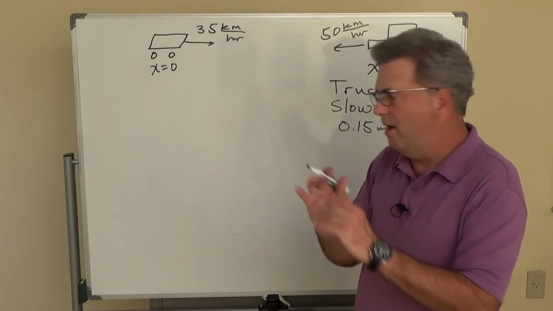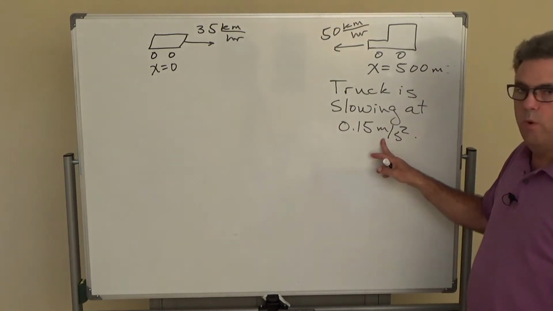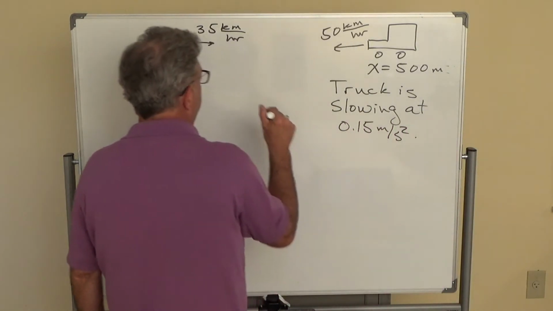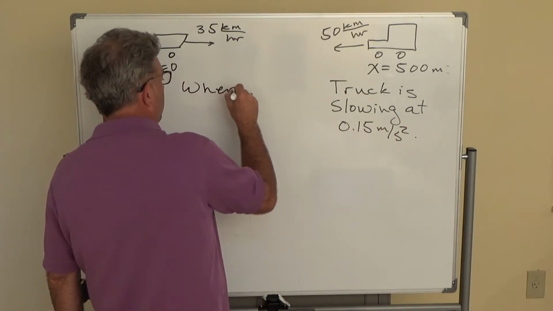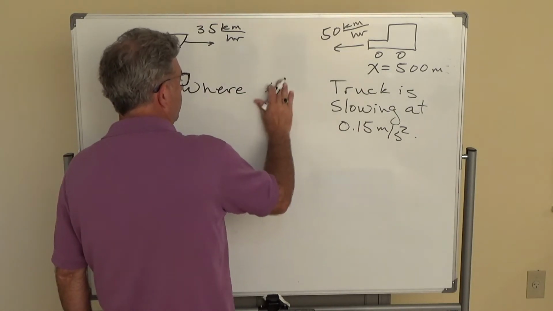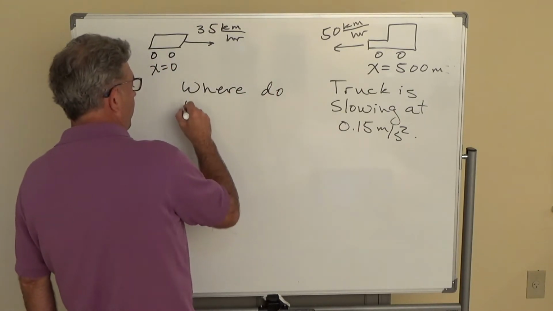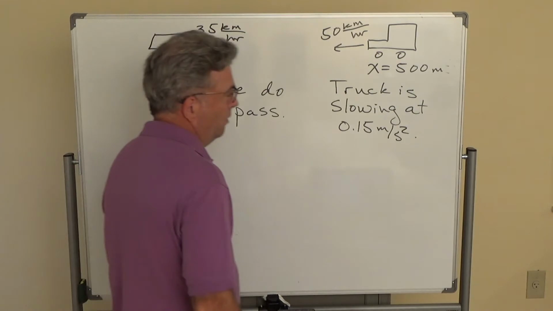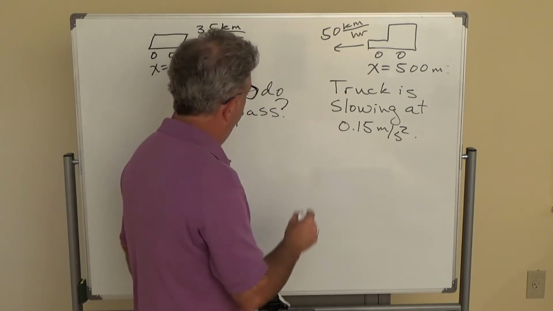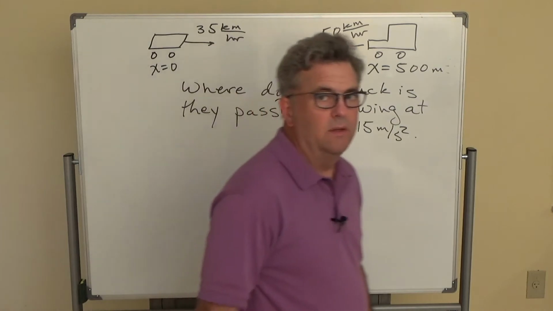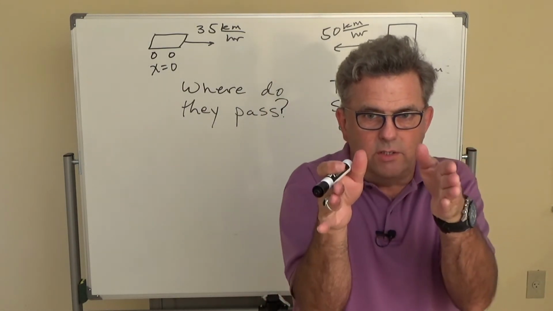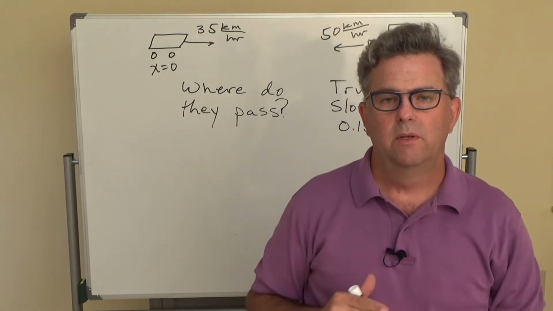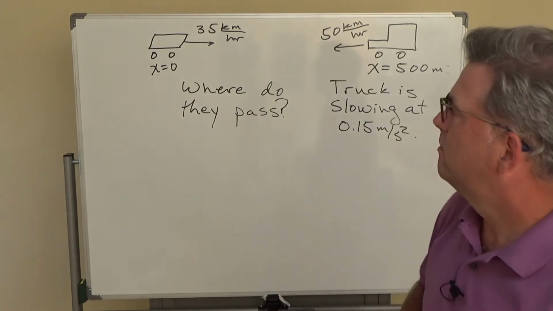It starts slowing down at a rate of 0.15 meters per second squared. Here's the question. Where do they pass? Okay, so they're not going to collide. They're not on a head-on collision with one another. So there's 1D motion. So the question is, where do they pass?